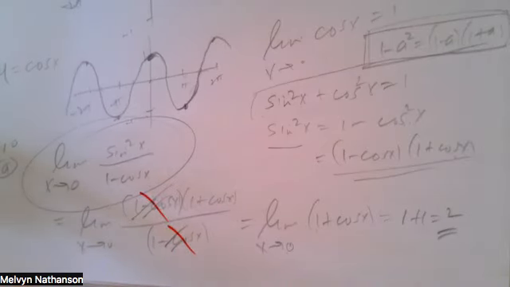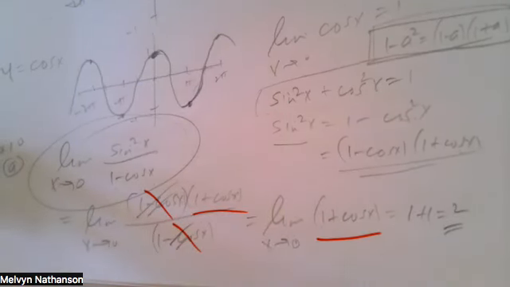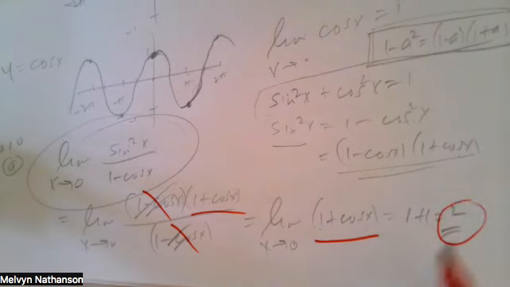So these cancel, and you're left with just 1 plus cosine x. And as x goes to 0, 1 goes to 1, and cosine x goes to 1, and 1 plus 1 is 2. And that's the answer. Okay, any questions about this?